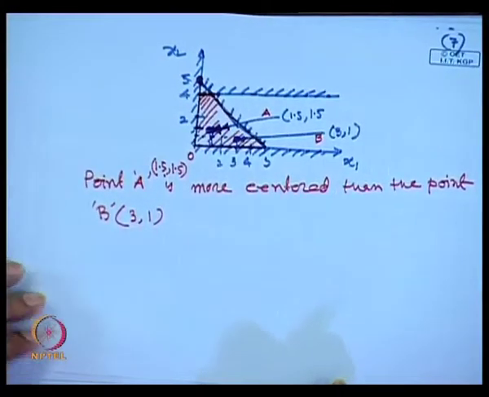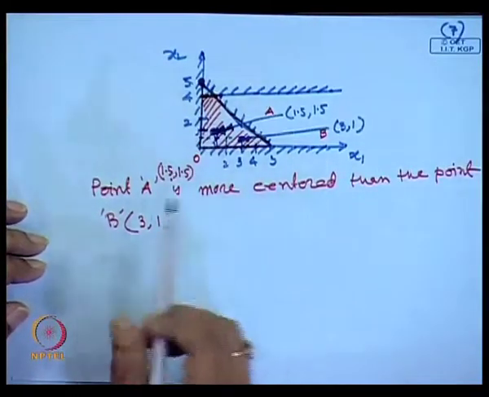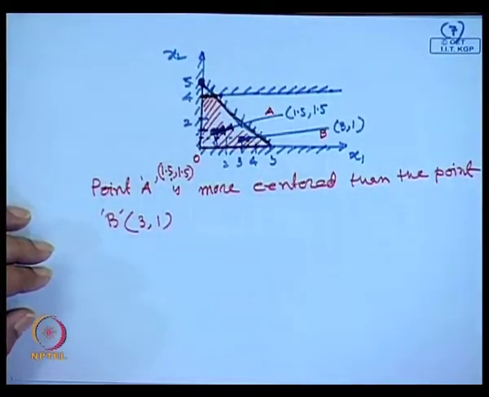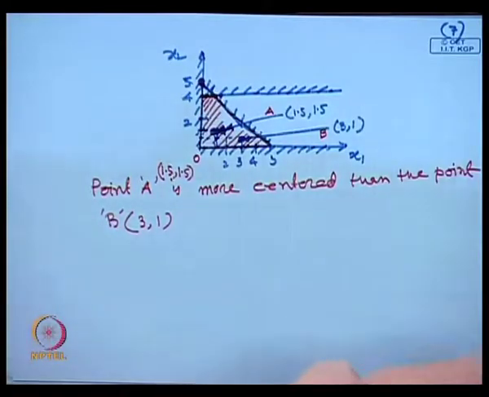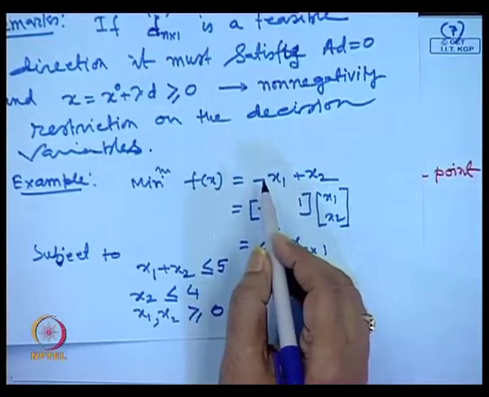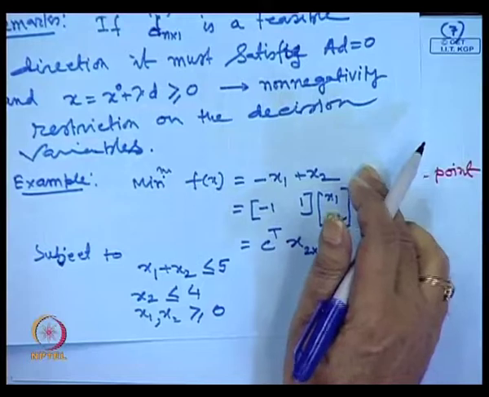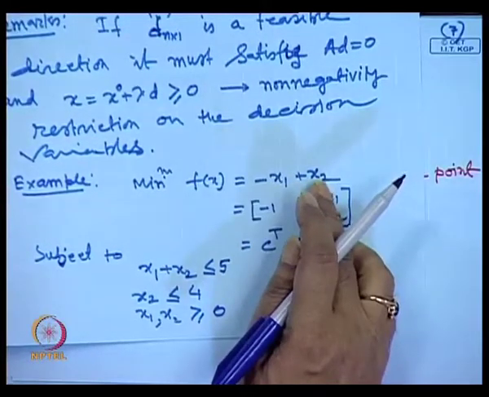Now clearly, if you see our objective function, this function we have to minimize. When f(x) equals 0, meaning the objective function value is 0, we can write x2 equal to x1.